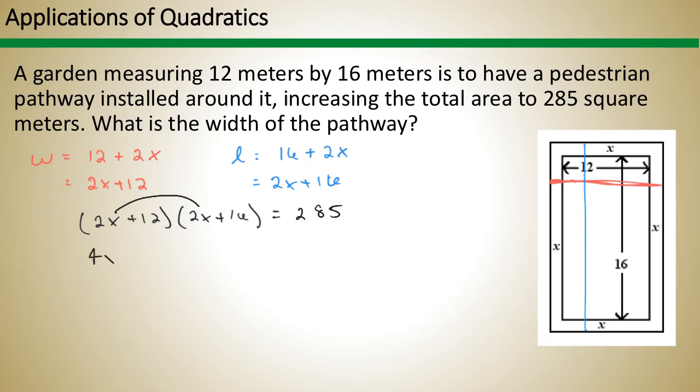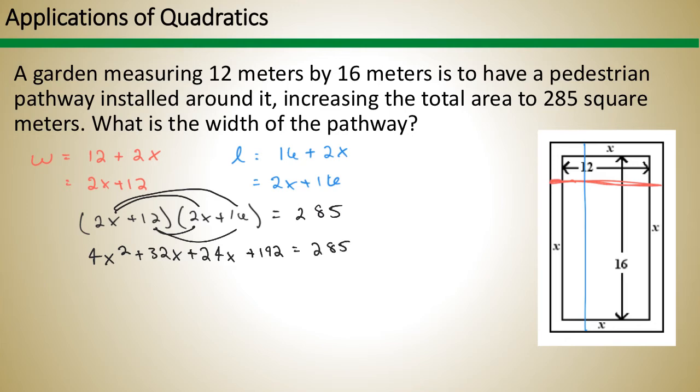It's going to be 4x squared. 2x times 16, that's plus 32x, plus 24x. 12 times 16, that is 192. And that's equal to 285.